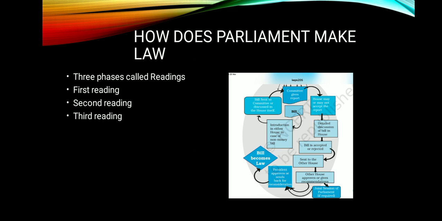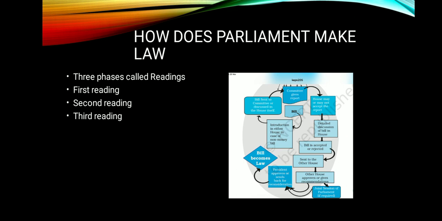After the second reading, there is the step of the third reading. In the third reading, the voting takes place over the bill. It means the members of the House will vote either in favor or against the bill.